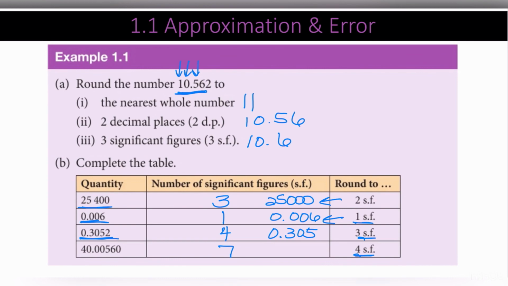And 4 significant figures here means it's going to be 40.01. In this case, we have these 4, but you always have to look at the number next to it. And because it's 5, that's how I know that I have to round up to 40.01.